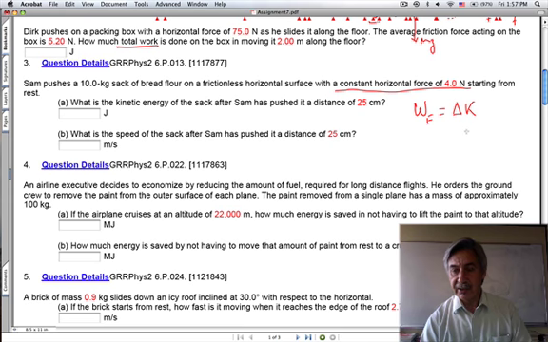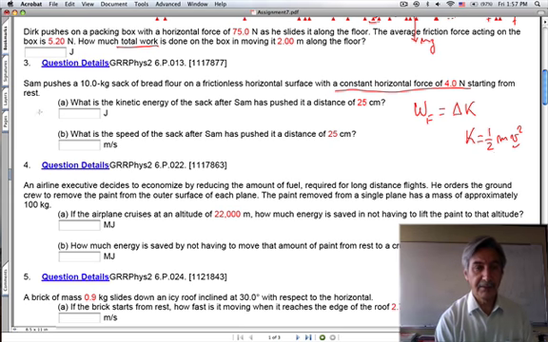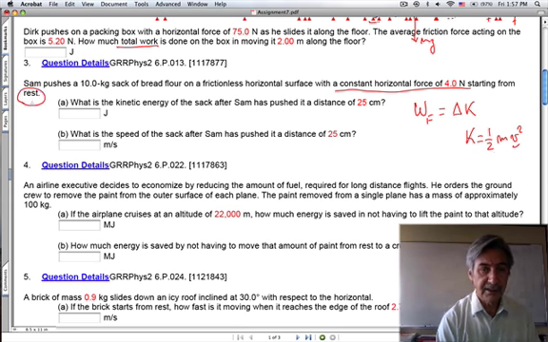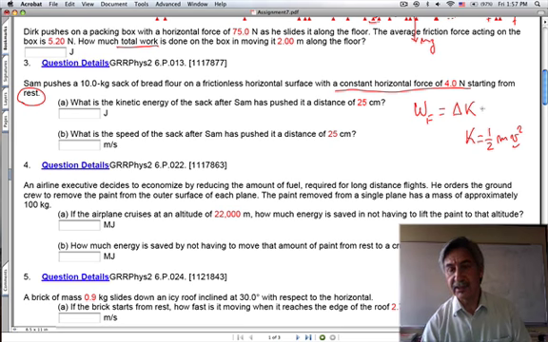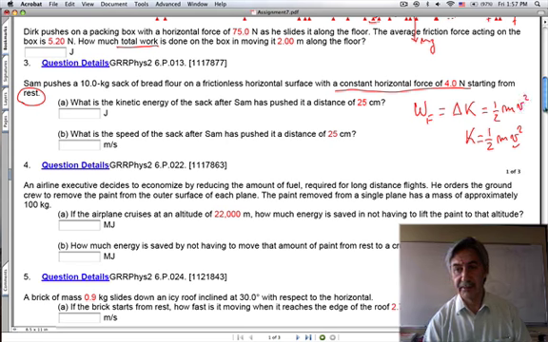And because the kinetic energy is 1/2 mv squared, from the final kinetic energy you can get the speed. And because it started from rest, the change in kinetic energy is just 1/2 mv squared, where this is the final speed.